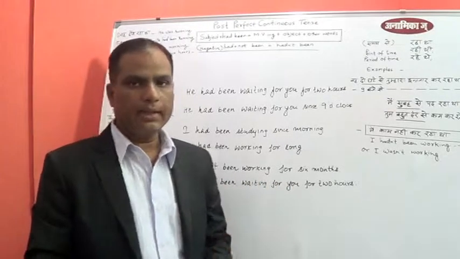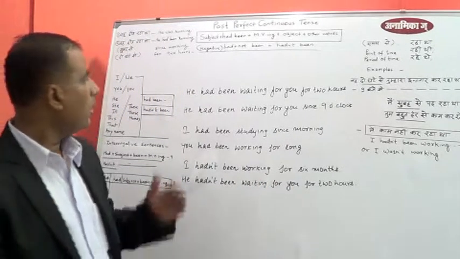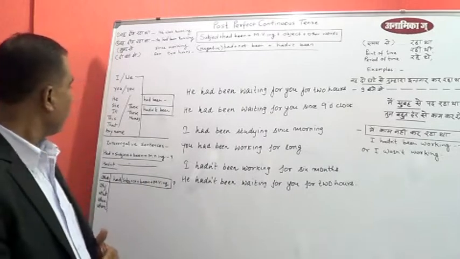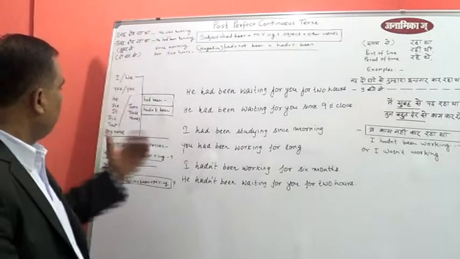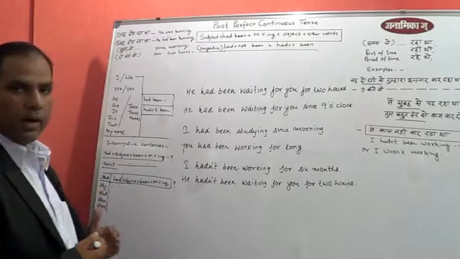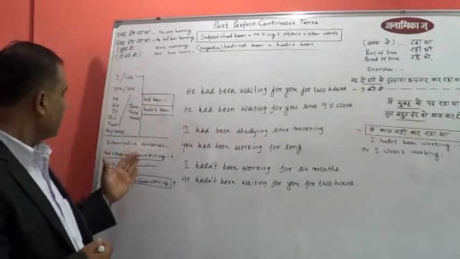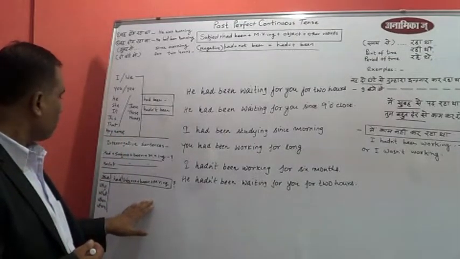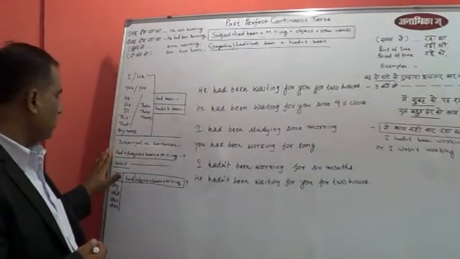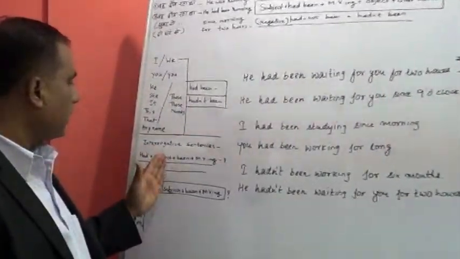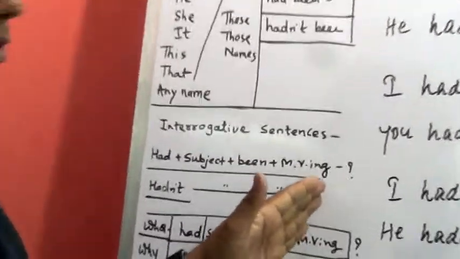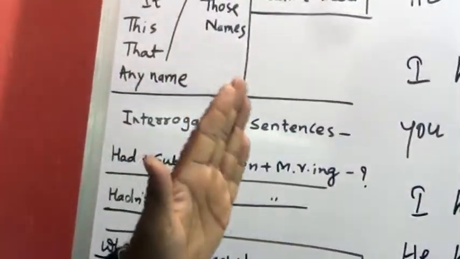After positive and negative, let's see how to frame interrogative sentences. So we will take up interrogative sentences one by one. The first will be the yes-no questions, which will start with had and then subject, and then been will come followed by verb with ing.